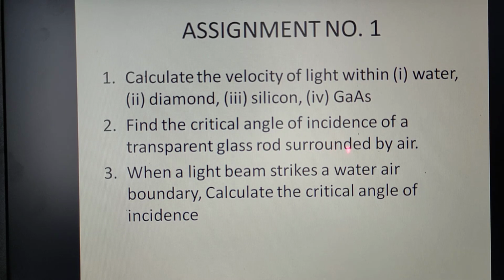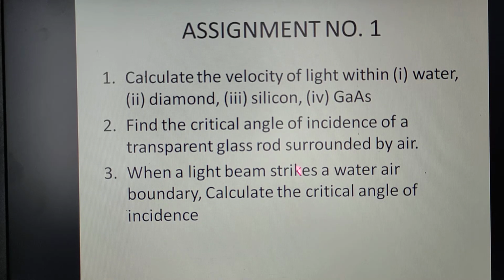So find the critical angle using the formula which I have just given. Now look at number 3. When a light beam strikes a water-air boundary, calculate the critical angle of incidence. Even this. Some students I have seen, when you give questions like this, tend to think, okay, it's a theoretical question, no numbers are given, so they will answer theoretically, which makes no sense also.